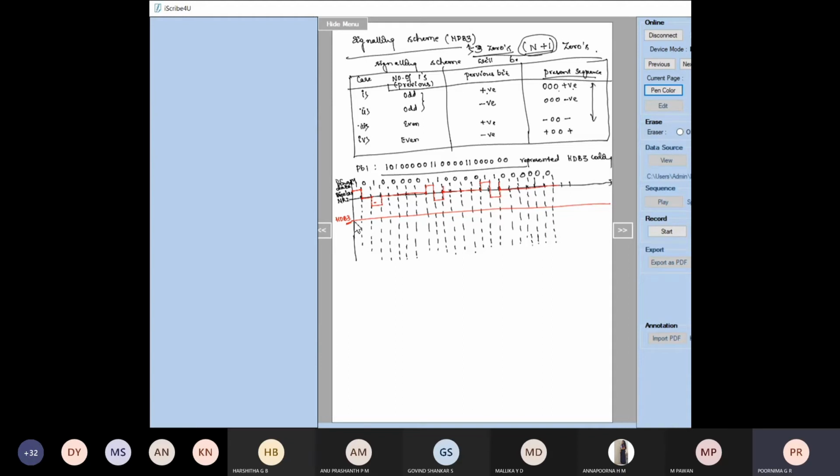It is 1, so I use plus A amplitude. The next bit is 0, so it stays 0. The next bit is 1, so it is an inversion, bipolar inversion. Next, how many zeros do we have?